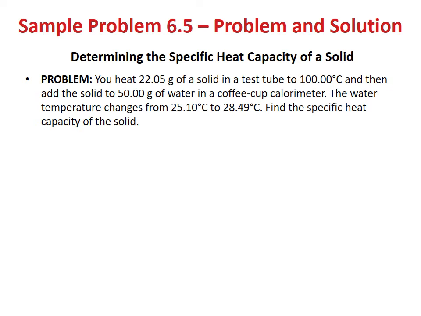So the initial solid temperature is 100, and the initial temperature of water is 25. The temperature of the solid is much higher, so the solid temperature will go down, and the temperature of water will go up. The final temperature is 28. This is the final temperature for water, but also for the solid. So that's the temperature when they are in equilibrium.